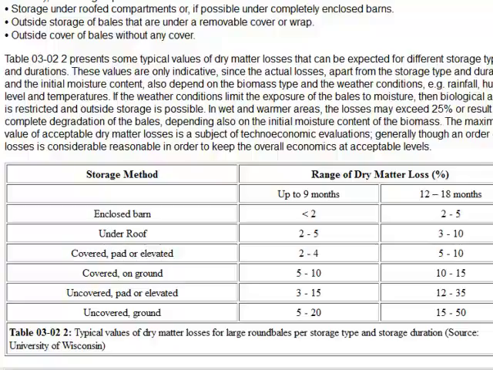You will see in the two right-hand side columns how the storage time, up to 9 months or 12 to 18 months, will affect the total range of dry matter losses, depending on whether the biomass is in an enclosed barn, only under roof but still on the soil, if it's covered, or if it is padded or elevated so that it is not in direct contact with the soil, or if it is uncovered and directly stored on the ground.